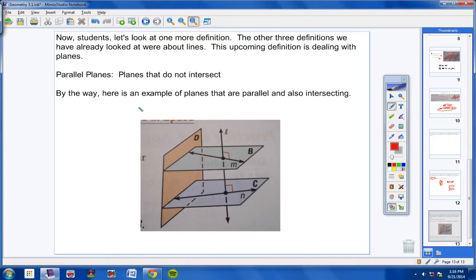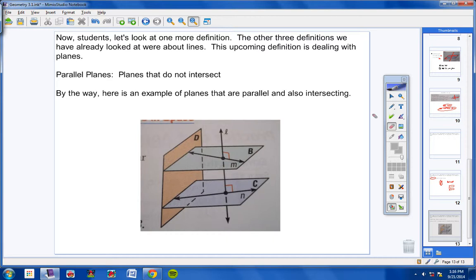Now, here's an example of planes that are parallel and also intersect. Okay, like look at this plane here. See this plane right here? And this is a perfect example, students, of the bookshelf example that I was giving you. Here's a bookshelf sticking out and another bookshelf sticking out here. Those two planes are parallel. So plane B and plane C are parallel.